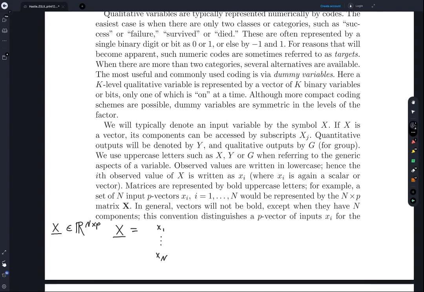There's also the tricky thing where whenever we write a vector, we assume that the vector is written as a column matrix. So this vector xi is a p vector, so it's a vector with p elements, and those elements can be written in a matrix of size p by 1.